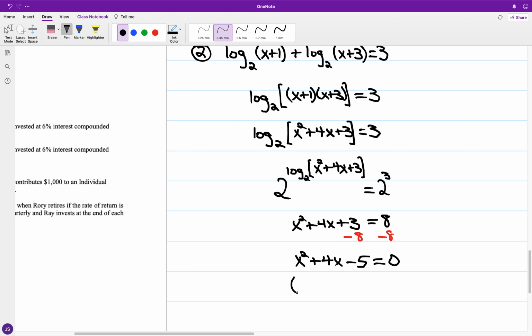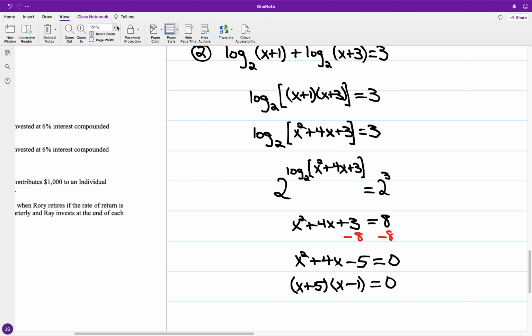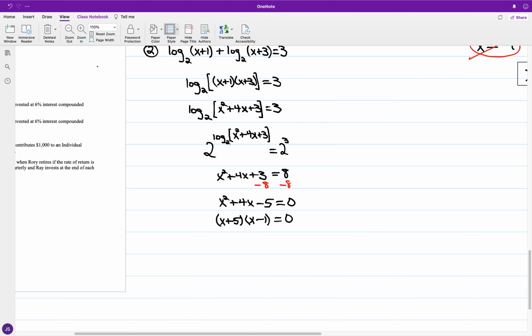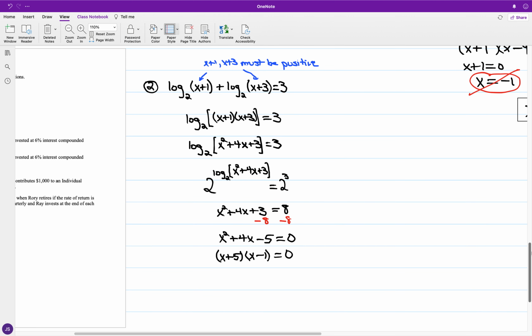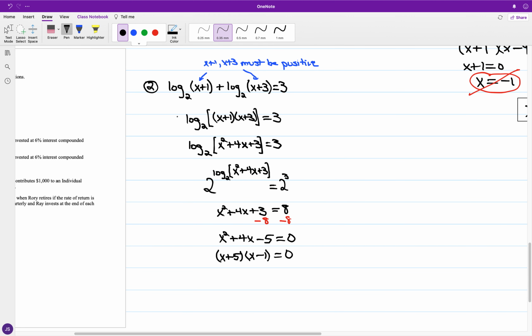And looking at factoring, we have the quantity x plus 5 times that of x minus 1 is equal to 0, and setting the factors each equal to 0, we're going to have x plus 5 is equal to 0, and so x is equal to negative 5. And for x minus 1 equal to 0, we'll have x is equal to 1.